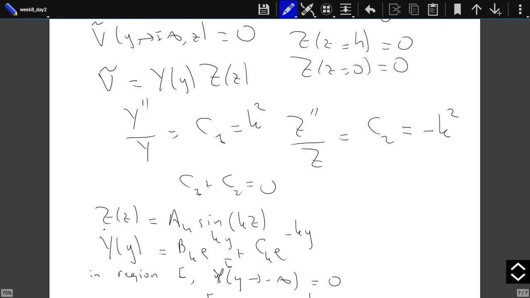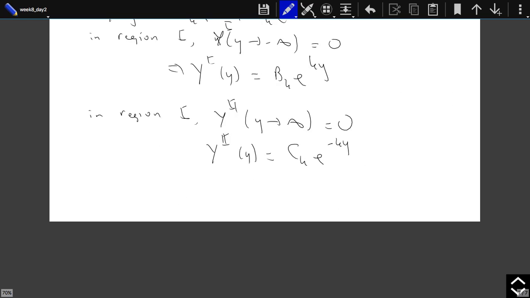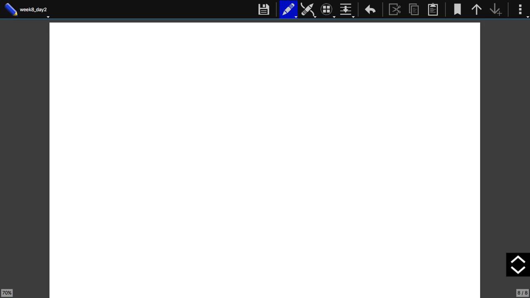So let's see, the z function when z is equal to h is also 0, this tells me that k should take the values n pi over h. These are the possible values of k. Not all values are possible. So now we have the potentials in these two regions.